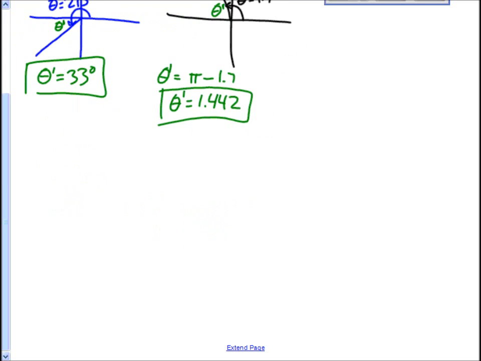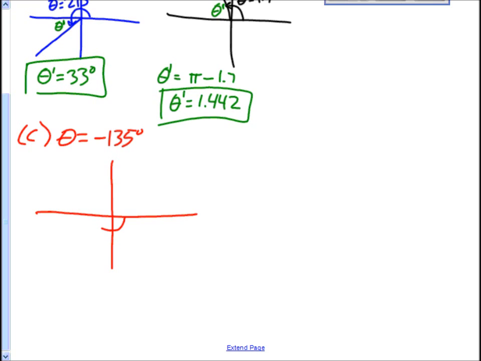All right, let's do a negative rotation here. Let's find the reference angle for negative 135 degrees. So I rotate, and there's negative 90 degrees to that spot right there. How much more do I have to go? About 45 more. So here's theta being negative 135 degrees. My theta prime is going to be right here, between the terminal side and that horizontal axis.